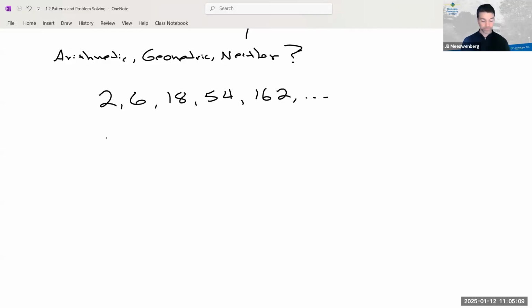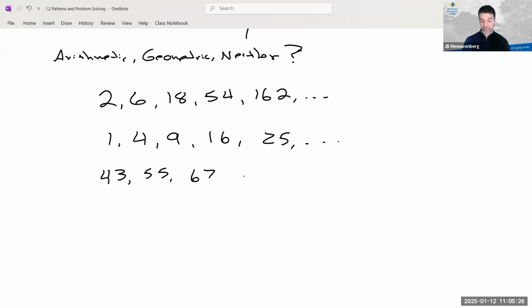The next one is 1, 4, 9, 16, 25. And the last one is 43, 55, 67, 79, 91. So pause, take a second, and see if you can identify each of those properly.